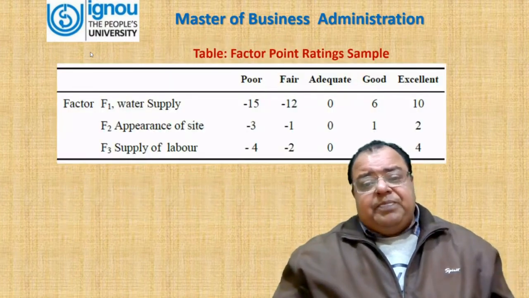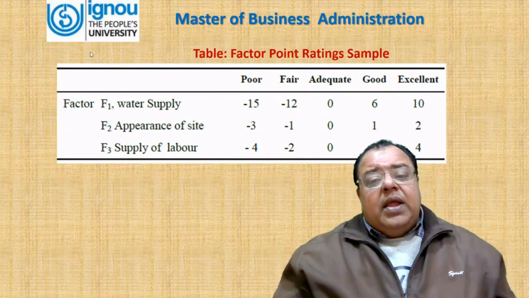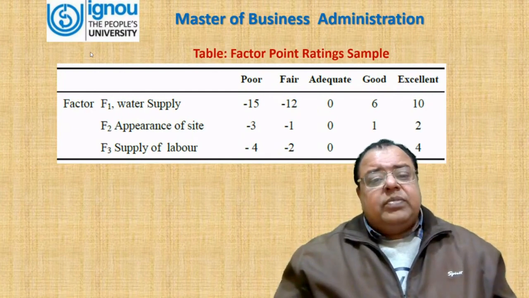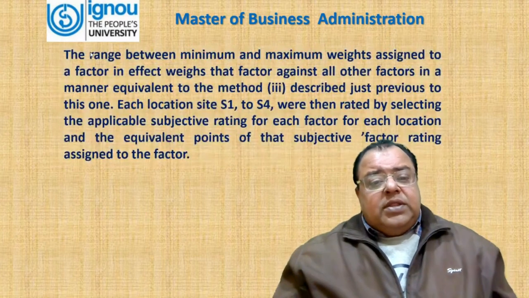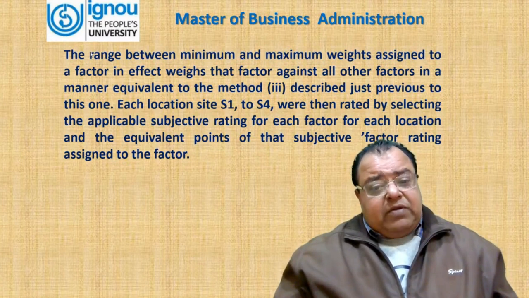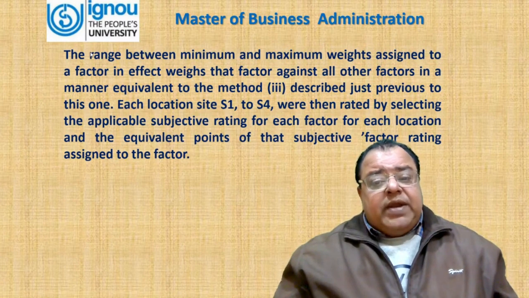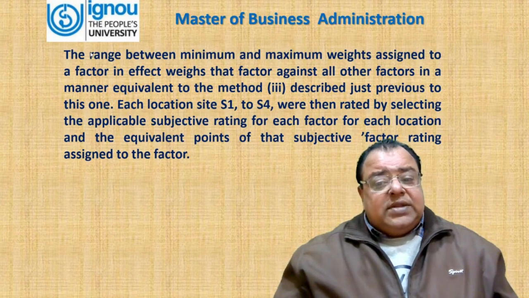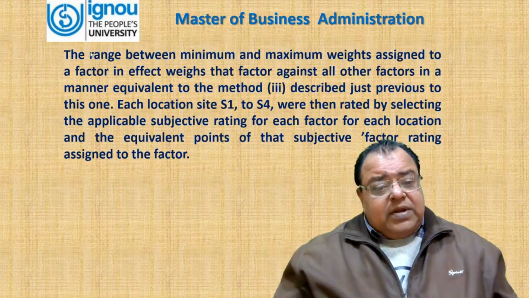So after that, this matrix was formed. The range between minimum and maximum weights assigned to each factor in effect weighs that factor against all factors in a manner equivalent to the method described just previous to this one.